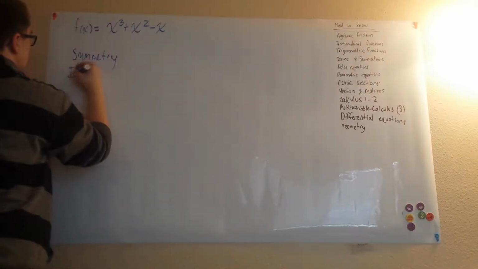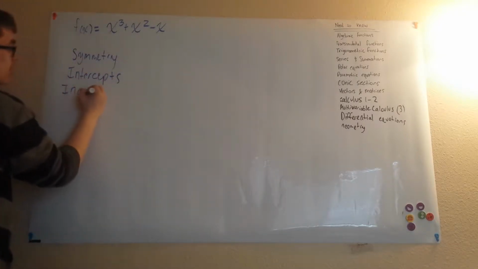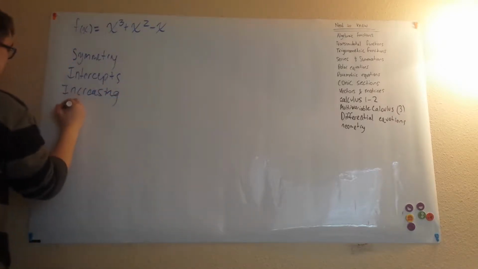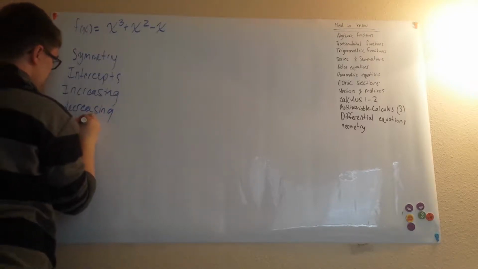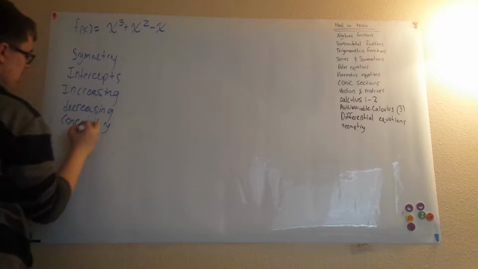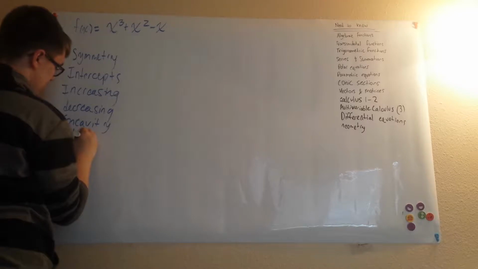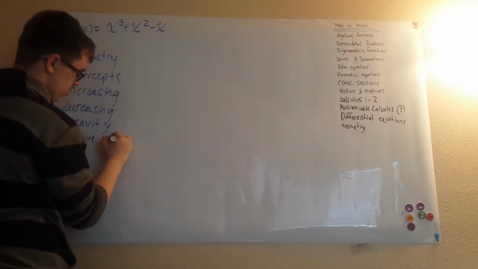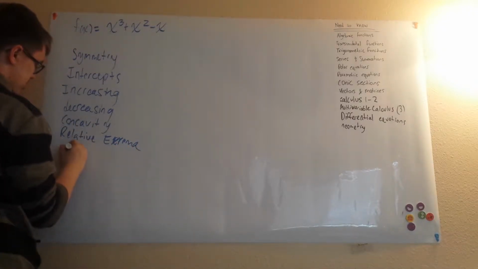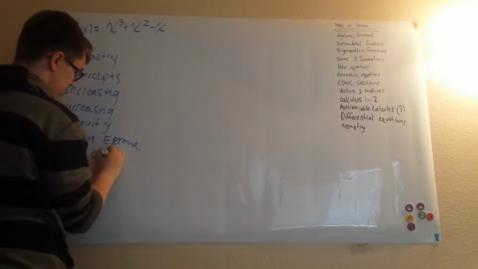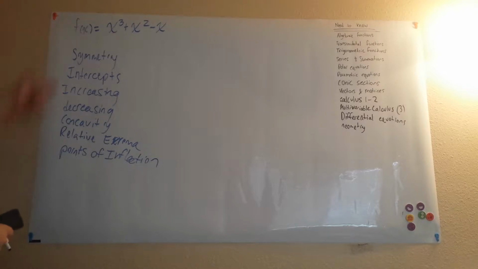We want to find intercepts, intervals where a function's increasing, when a function's decreasing, when we have concavity. We want to find relative extrema, and then we're going to find points of inflection.